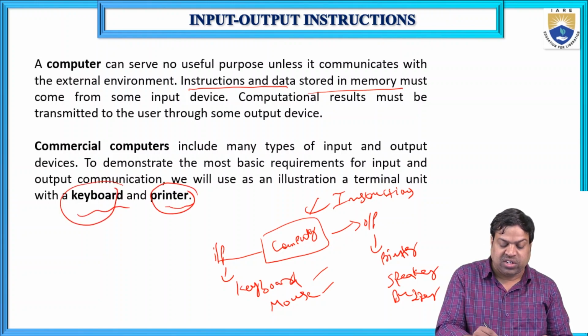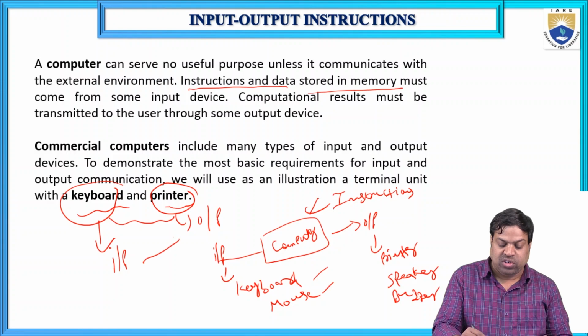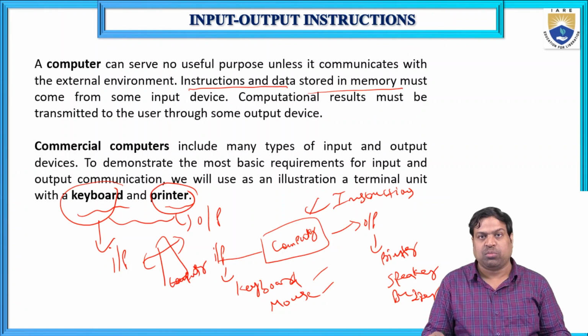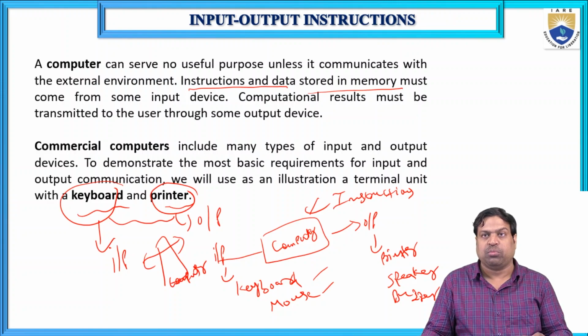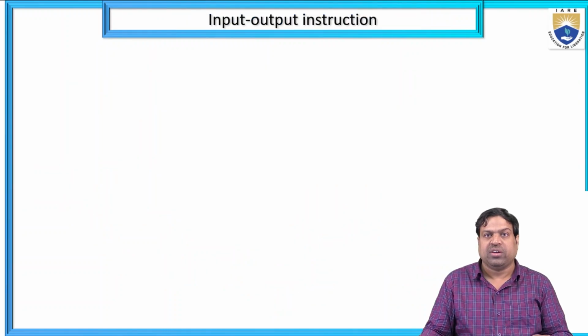The keyboard is the input, and the printer is the output. How do we connect input and output to the computer? For a commercial or personal computer, we need a keyboard or mouse for input, and we also have to connect the printer. So input and outputs are connected to the computer through the instructions and the data stored in memory.